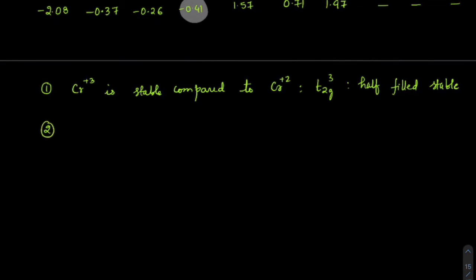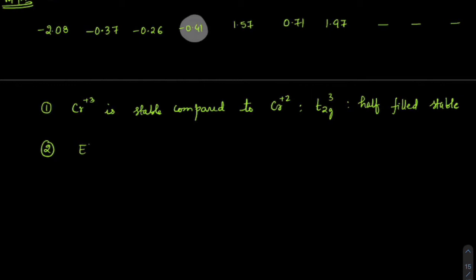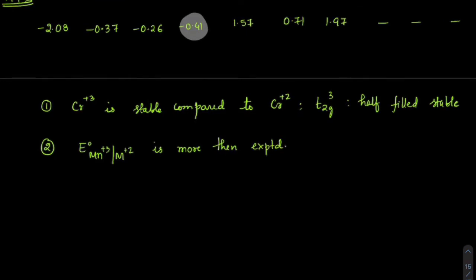Second thing we can see here is about manganese. Why is there a sudden increase towards manganese? As expected, you can see manganese Mn plus 3 to Mn plus 2 is more than expected. And the reason is it has a stable configuration with Mn plus 2.